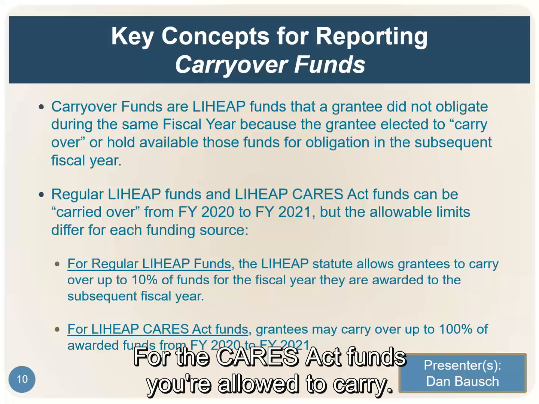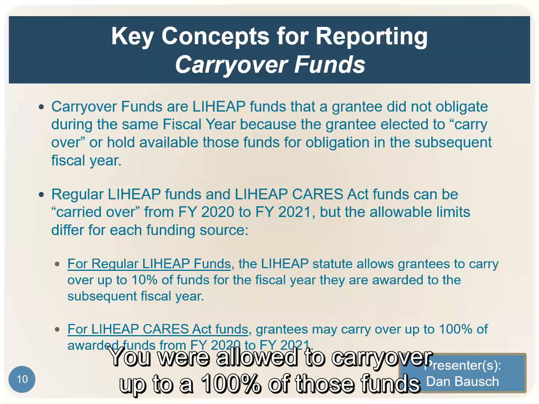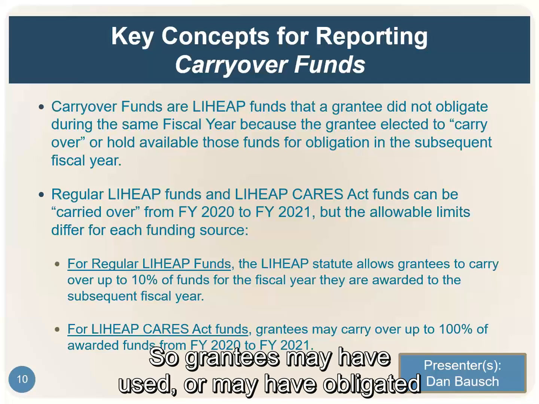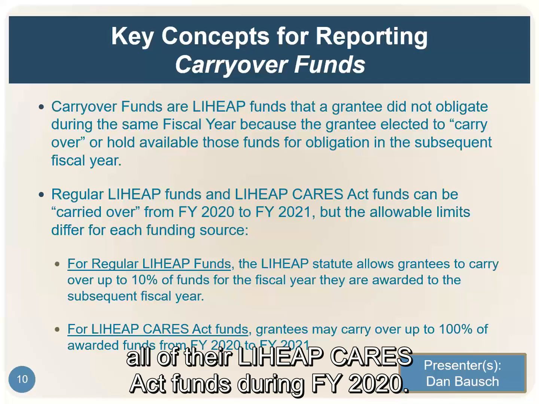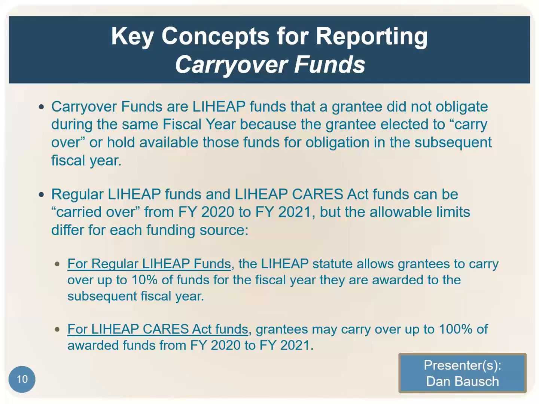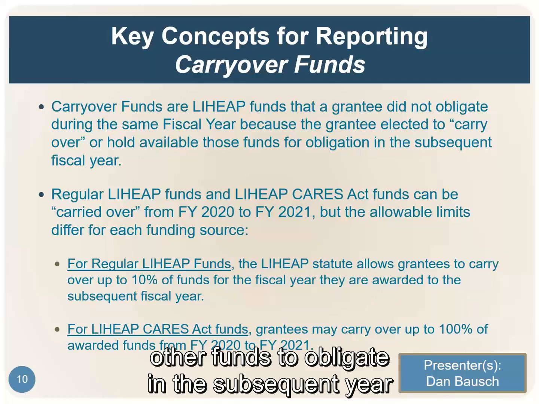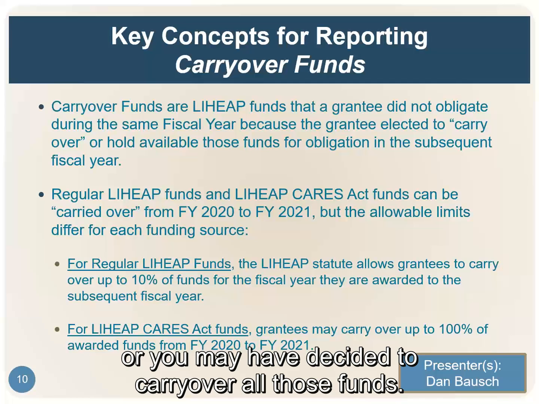For the CARES Act funds, you were allowed to carry over up to 100% of those funds from fiscal year 2020 to fiscal year 2021. So grantees may have obligated all of their LIHEAP CARES Act funds during FY 2020. They may have used some and carry over other funds to obligate in the subsequent year, or you may have decided to carry over all those funds.